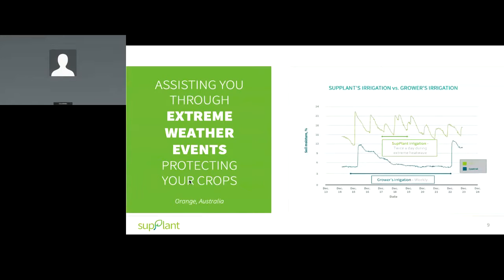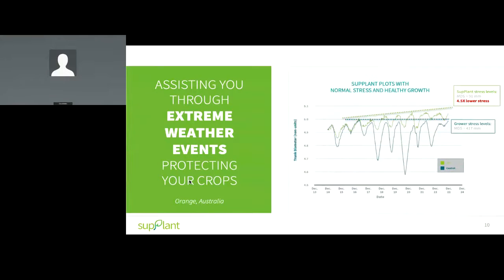The system decided, and we can see the green line, to irrigate more frequently, while the farmer stuck with his own irrigation regime of irrigating once a week different quantities. Next, please. And the outcome is that the plants irrigated by the technology were not affected at all by the drought. You can see the growth maintained, the daily contraction was normal, while for the ones that were irrigated once a week, the daily contraction was extreme, meaning very high stress, and there was negative growth.